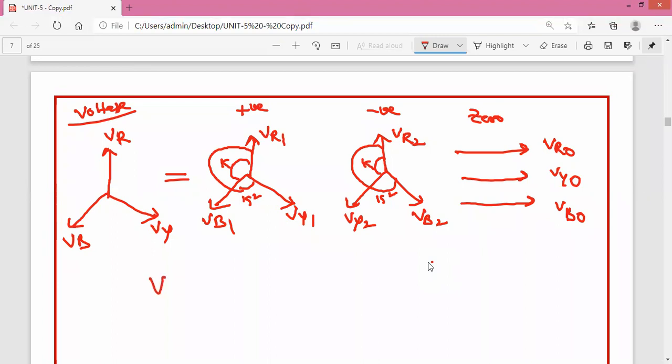So here I can write VR is equal to VR1 plus VR2 plus VR0.